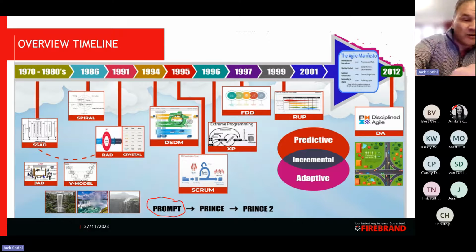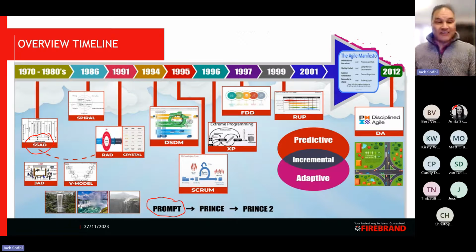And that was also OGC, which was the SSADM, the Structured Systems Analysis Development Method. And that was specifically CCTA. And there's a lot of acronyms there, which is the Central Computer and Telecommunication Agency. And that's basically where PROMPT came from, and then PRINCE came from that.